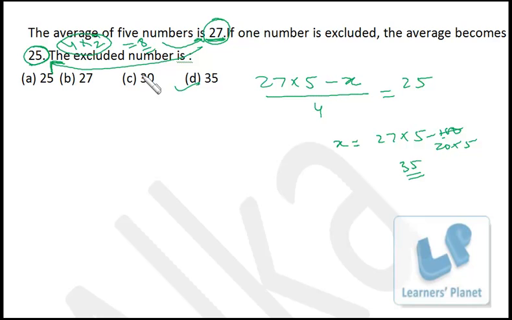There is a loss of average of 2 for each number, so for the total of 4 numbers the loss will be 8. And that 8 is lost due to the exclusion of one number. So this 8 will be added to the initial average to get the exact value of the excluded number. So 27 plus 8, that's 35.